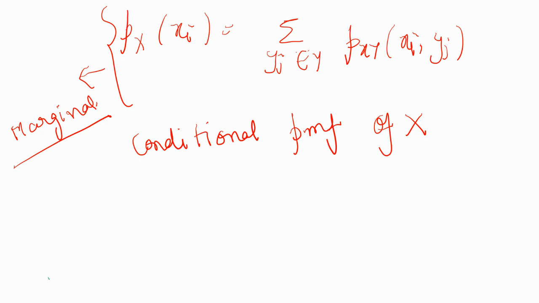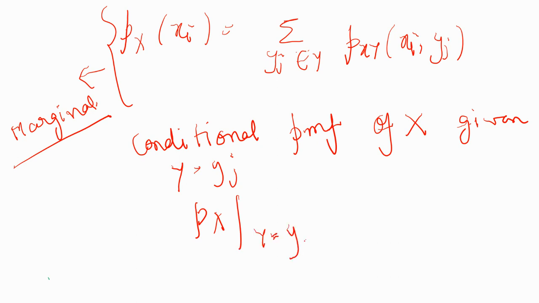That will depend on the question. So let's see, given y equal to yj, that will be p of x given y equal to yj at xi.